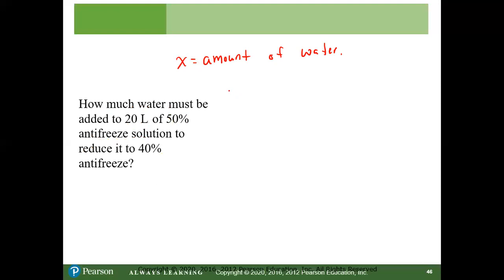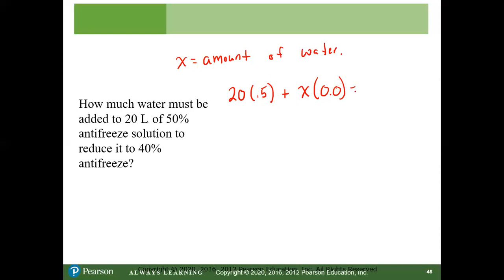And we are going to mix it with 20 liters of 50% antifreeze solution. So this is 20 liters, that is at 50%. And we are going to add some amount of water X, which is 0% antifreeze solution. I know it's sort of weird, but there's 0% antifreeze in water, right?